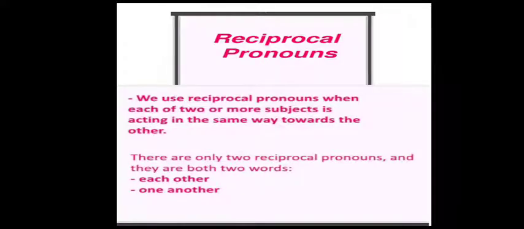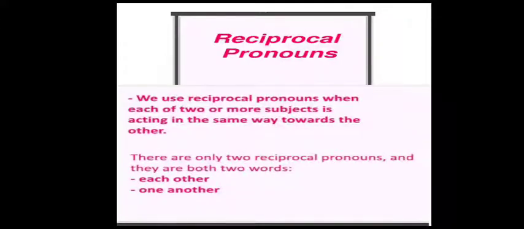So there are two reciprocal pronouns, and they are both made of two words, each other. These are different words, but we have put them together because both of the words are moving or acting in the same direction.